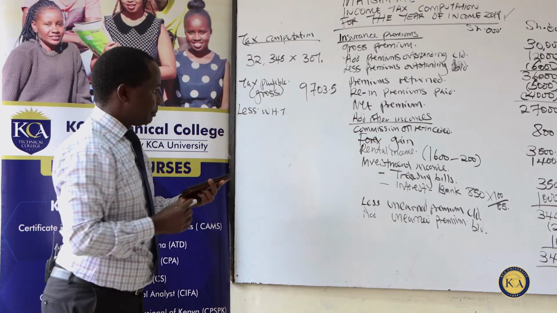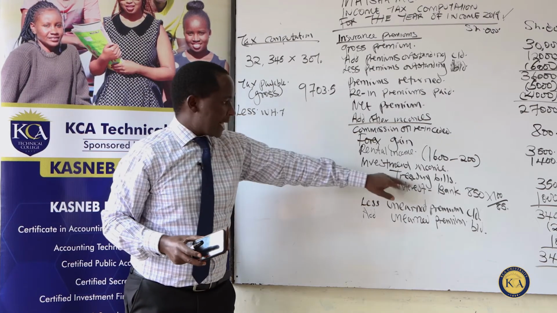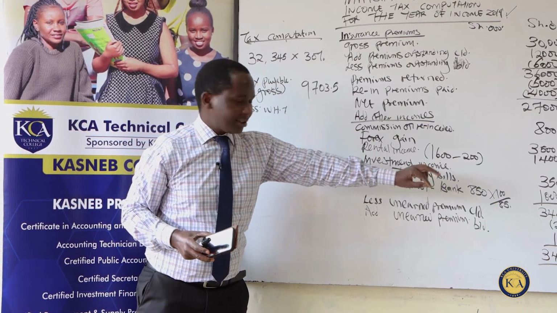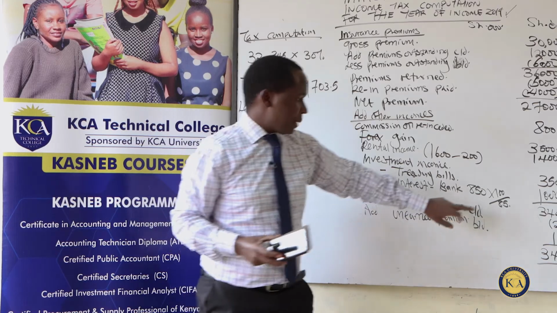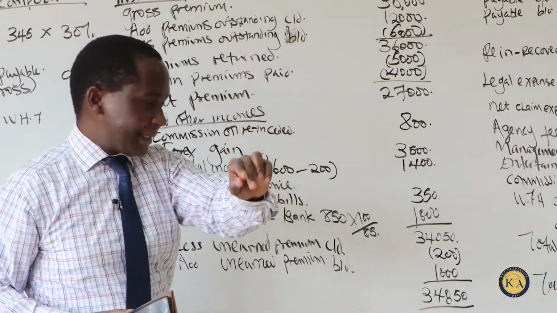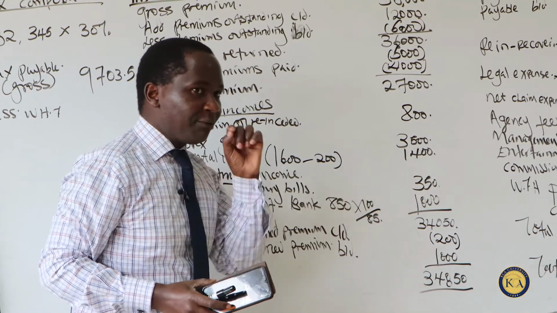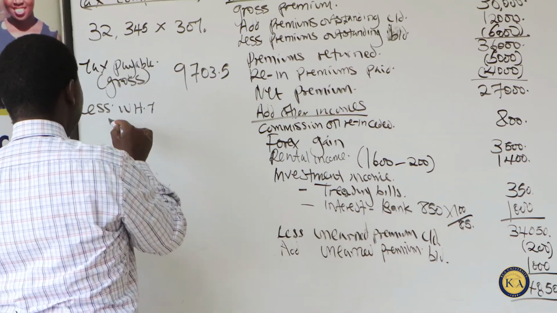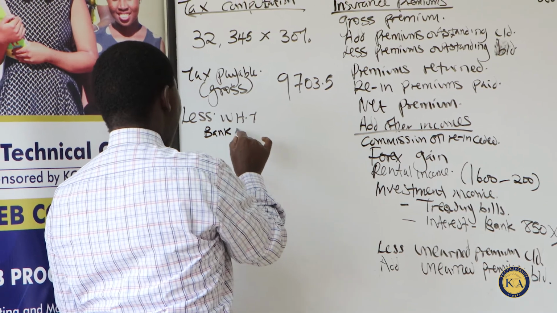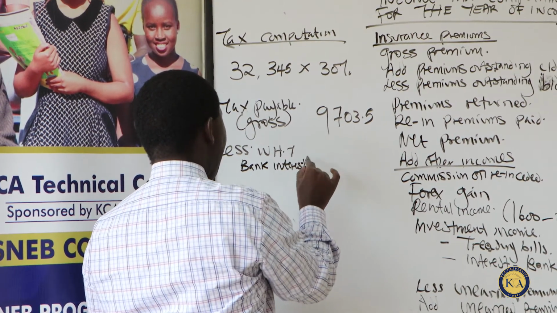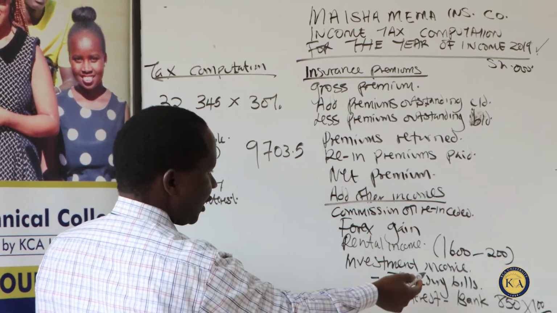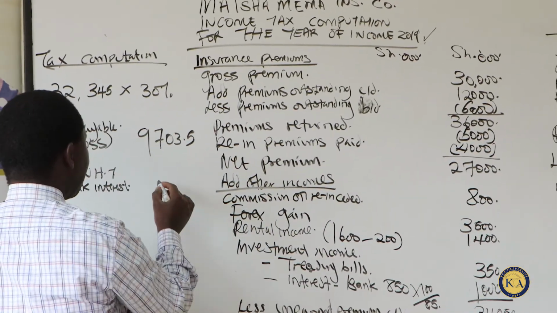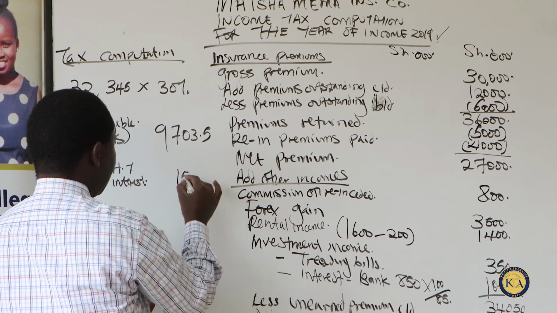Now look at this. These two incomes attract withholding tax. There's some tax that has been paid on this one, 15%, and on this amount, they have also paid taxes at the rate of 15%. So on the bank interest, the withholding tax is actually 15% of a million, which is actually 150.